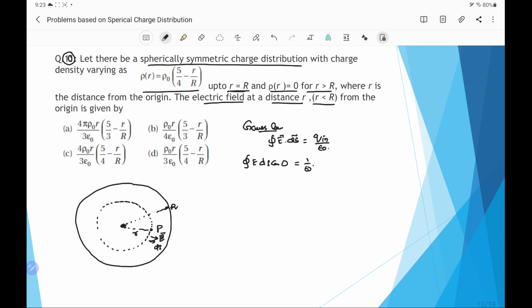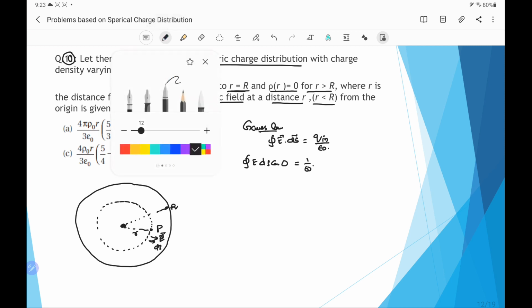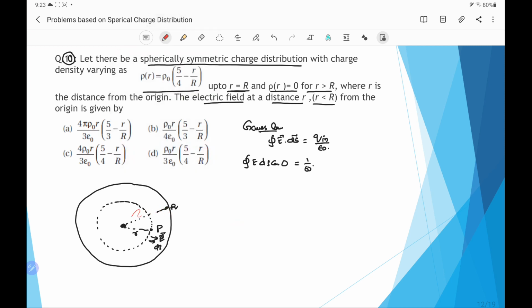So, therefore, we can write E ds cos 0 equal to Q enclosed by epsilon naught. Now for the charge enclosed, because the charge distribution is not constant, it is variable, we have to use the method of integration, for which we consider a shell at a distance, suppose x, with thickness dx. This is the thickness, which gives the volume of the elementary shell.